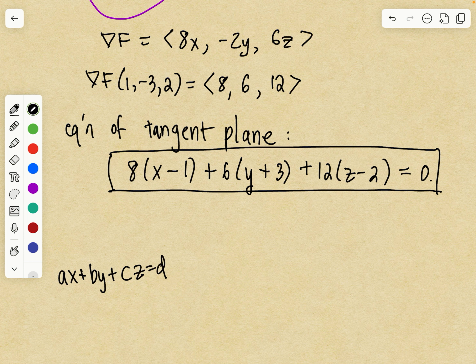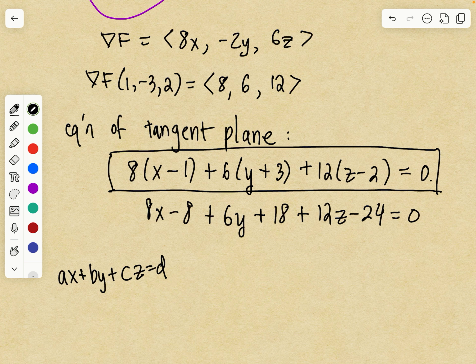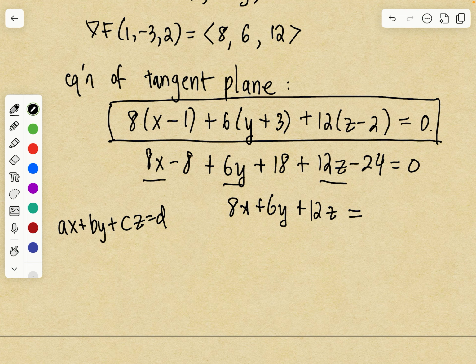So again, in this form, you can distribute across like this. And then you get 8x plus 6y plus 12z, and then you move the constant terms over. So you add 8 and subtract 18 and add 24. That's 32 minus 18 is 14.